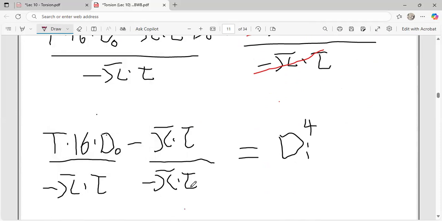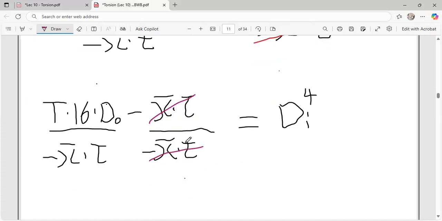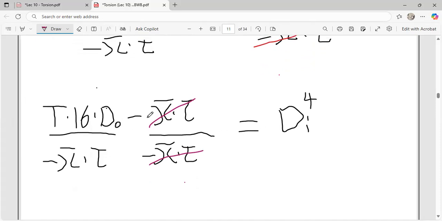From the laws of indices, these two are going to take care of themselves. This is going to cancel this again. So from there, you're going to be left with these two relations.